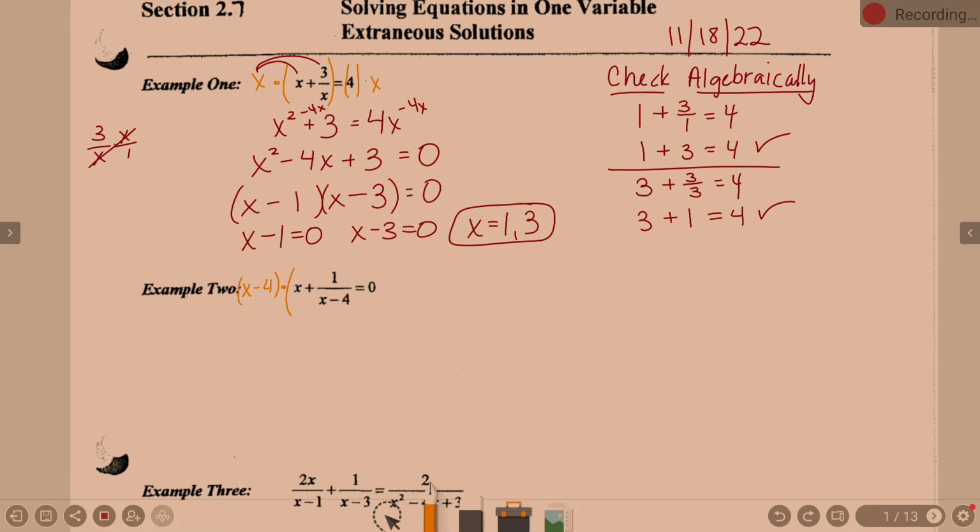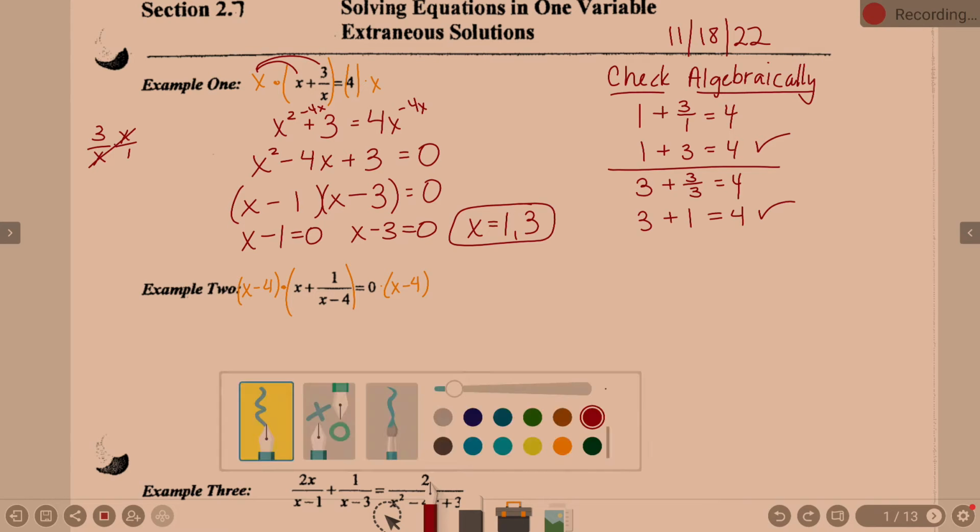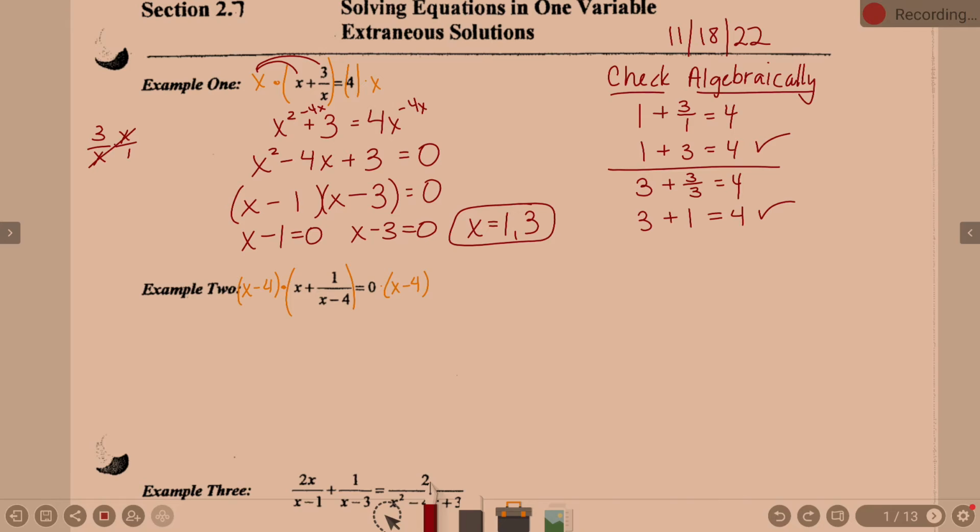So we're going to multiply the left side of the equation and the right side of the equation by x minus 4. Okay. On the left, right here, this x minus 4 has to multiply to the x, and it has to multiply to the fraction.